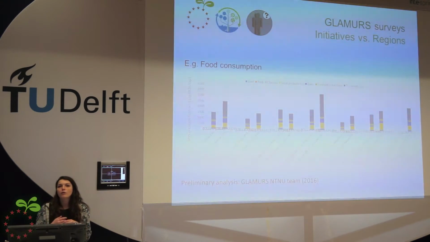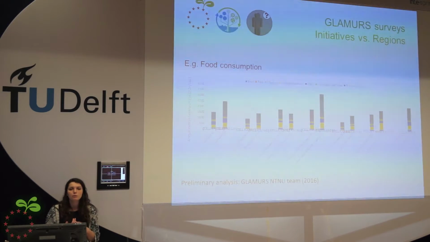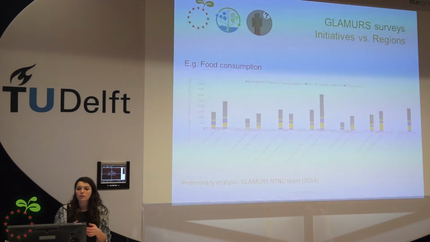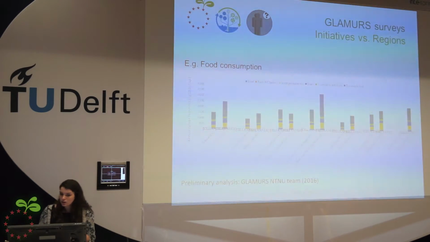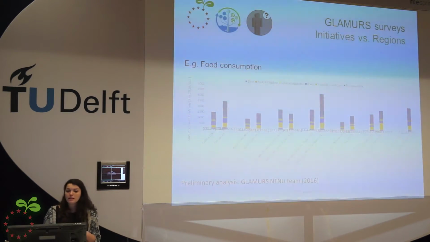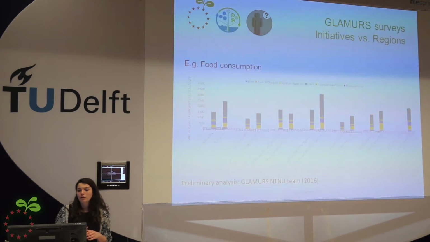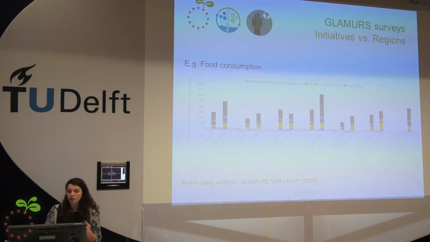Of course, the initiatives are very different in the way they define sustainability and the way they define lifestyle change. So that could explain some of the cases where there is less of a difference between the region and the initiative. But this is a good way for us to really pinpoint the hotspots of people's consumption and to really tell where impacts occur.